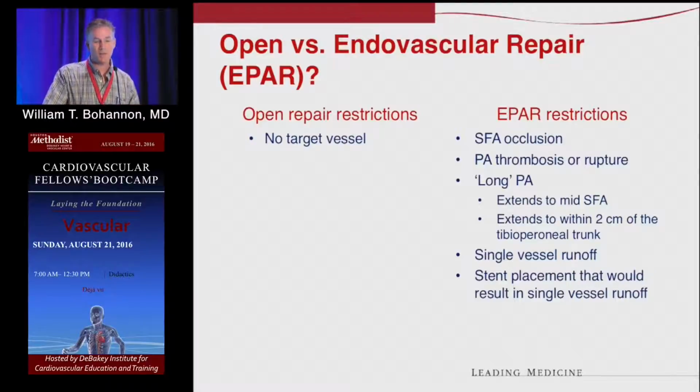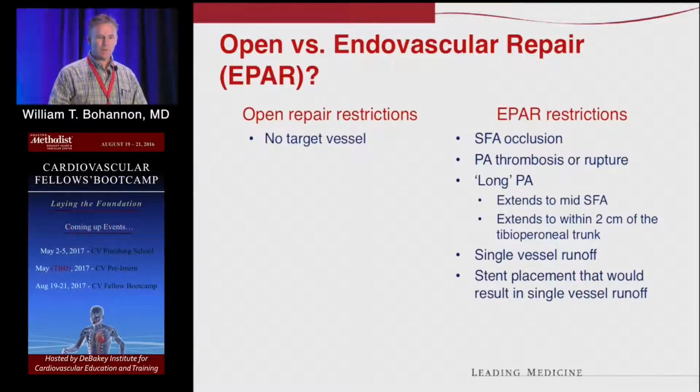In regards to endovascular popliteal artery repair, relative restrictions are the superficial femoral artery occlusion. If you have a thrombosis or rupture of the popliteal artery, a very long popliteal artery, say extending into the mid-superficial femoral artery where you'd have to put a whole bunch of stent grafts in, or if you don't have a good distal landing zone, so if it extends within a couple centimeters of the tibial-peroneal trunk.